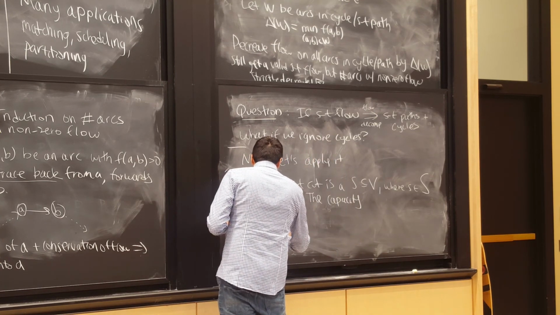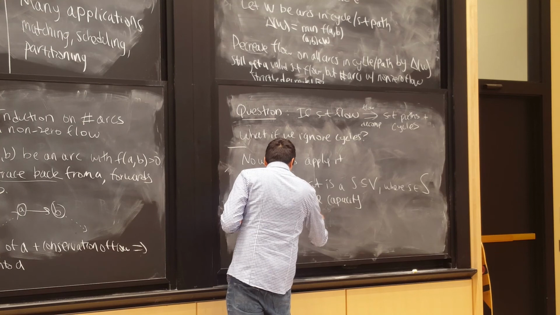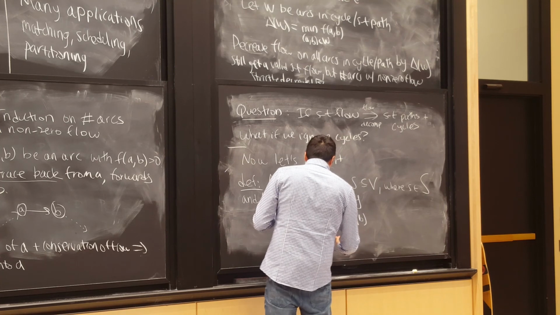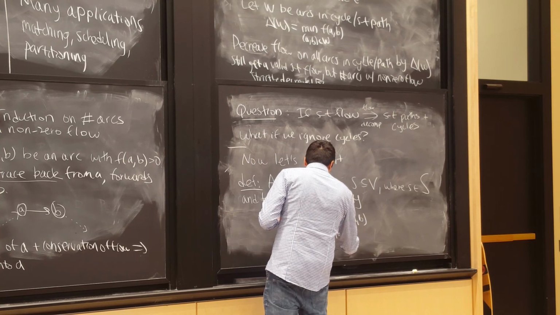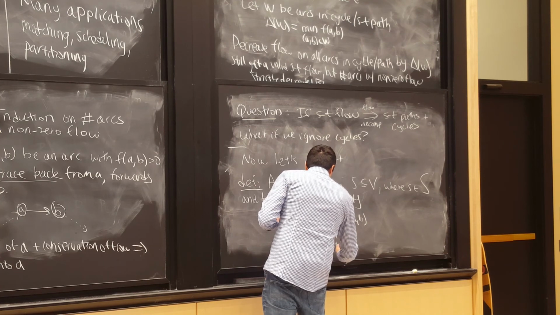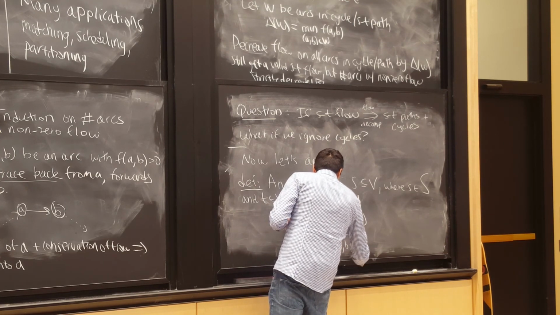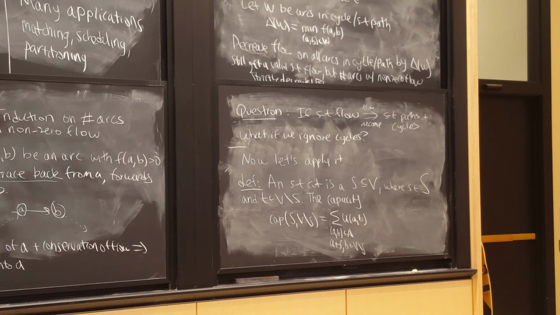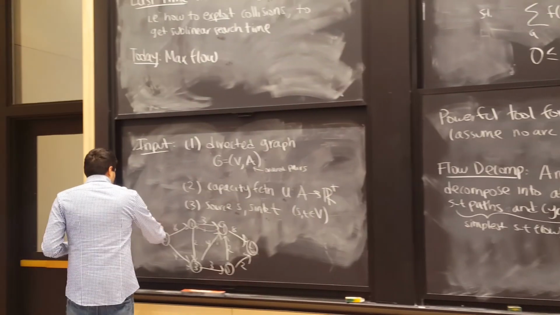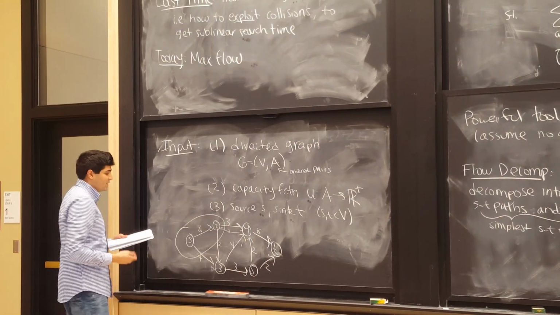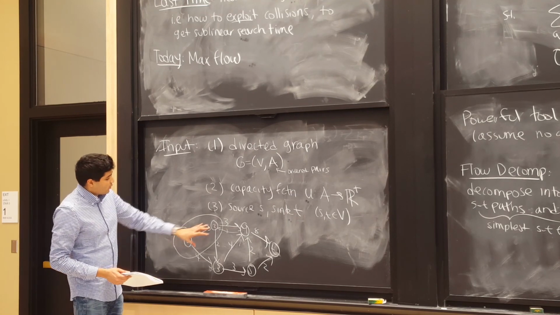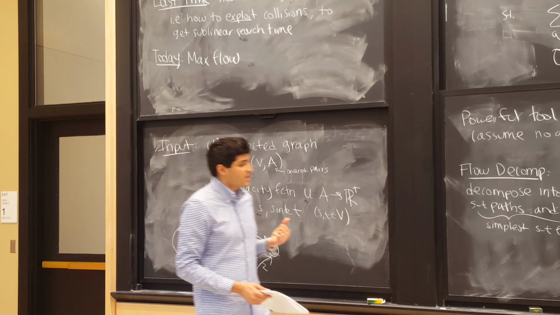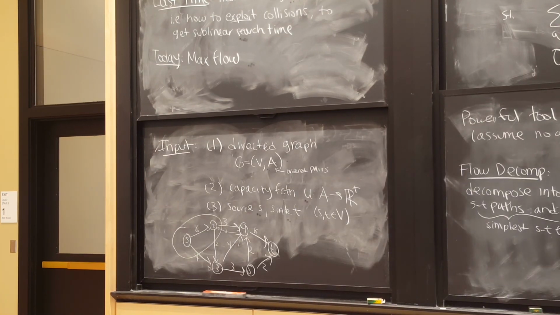The capacity of this cut is defined to be the sum of the capacities of the arcs that go only in the forward direction, so A needs to be in S, and B needs to be in V minus S. All we're doing is creating some sort of partition of the vertices that necessarily contains S on one side and T on the other, and we're going to add up only the capacity of the forward edges. We don't even care about the backwards edges. And that's called the capacity of an ST cut.